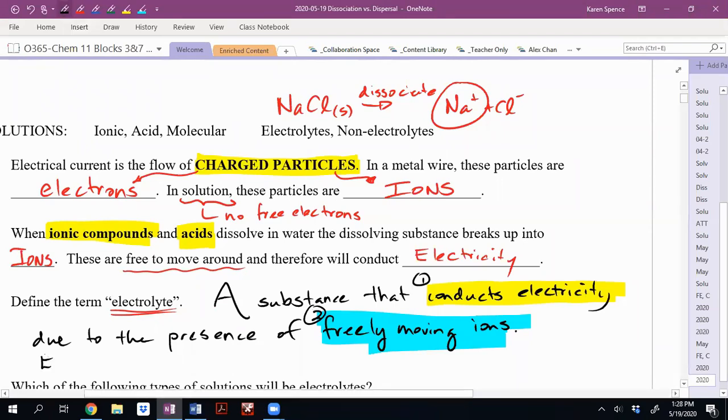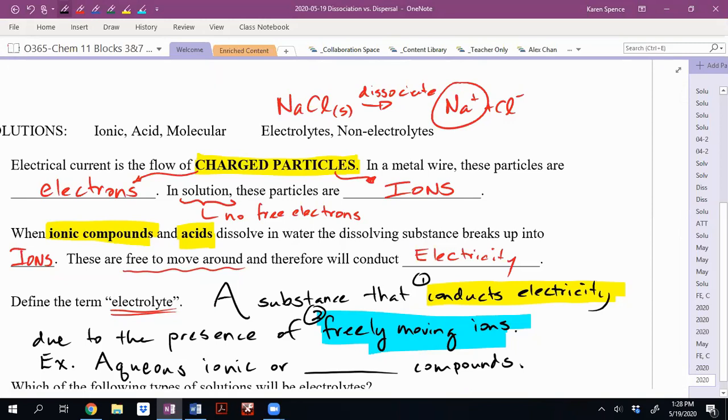An example would be aqueous ionic compounds.